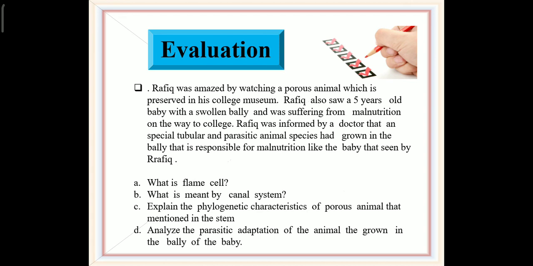What is phylum? What is meant by canal system? Explain the phylogenetic characteristics of the porous animal mentioned in this scenario. Analyze the parasitic adaptation of the animal that grew in the belly of the baby.